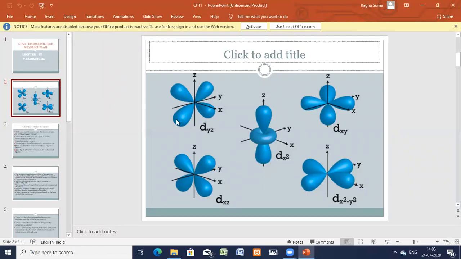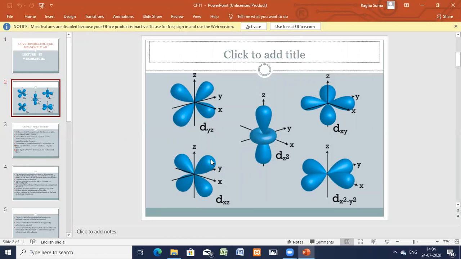The 5 d orbitals are designated dxy, dyz, dzx, dx square minus y square, and dz square. The first 4 orbitals, not the center one, have 4 lobes, double-shaped electron clouds.